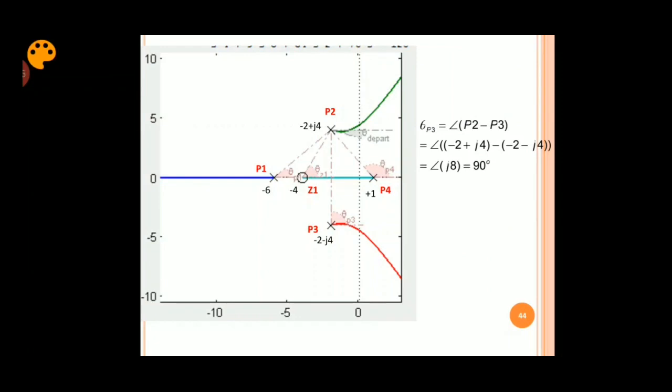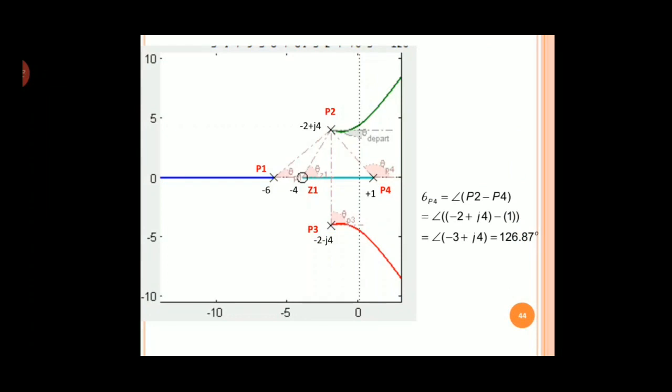You need not calculate this because it is very clear: it is connected with a horizontal line, so the angle made is clearly 90 degrees. Even if you calculate, you will get 90 degrees. Next is theta P4: P2 minus P4, and you get the angle as 186.87 degrees.